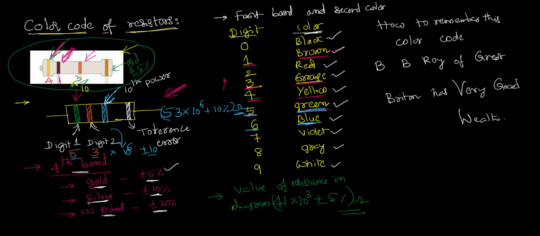Look at that carefully. B means black, which represents 0. Another B, that's brown, that represents 1. In the Roy, take only R, red, that represents 2. And then of is just a word used to make a sentence.